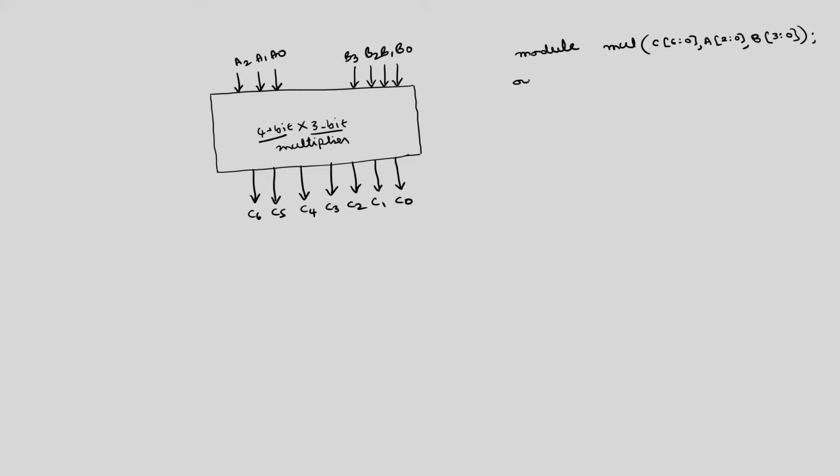Then output C6 to 0, input A 2 to 0, B 3 to 0. Okay. Then we can instantiate, or before that we will generate all the wires.